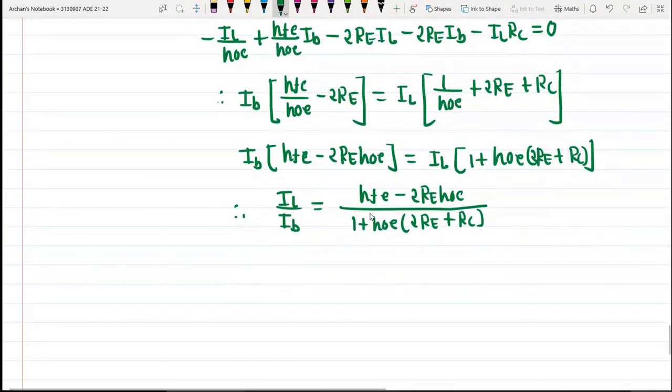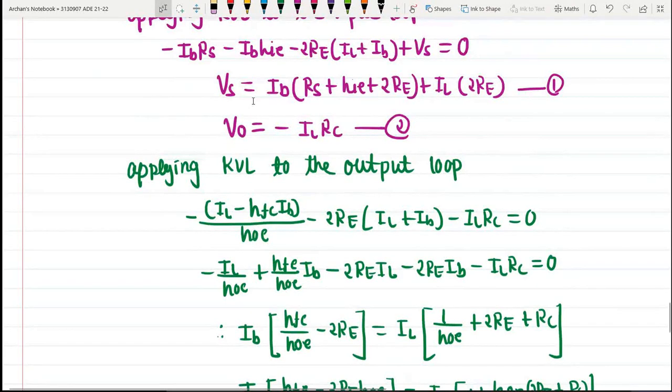Okay, so this is our equation. Let us call this equation number 3. Okay, and we have this equation number 1.